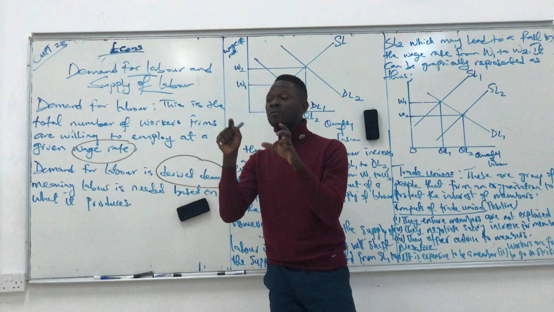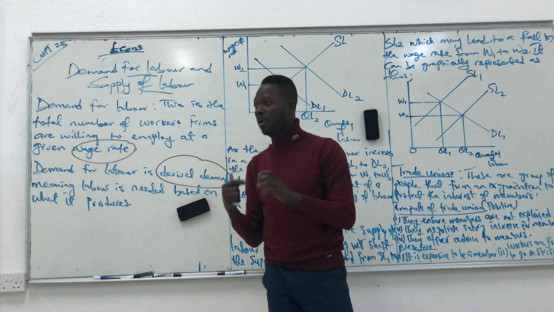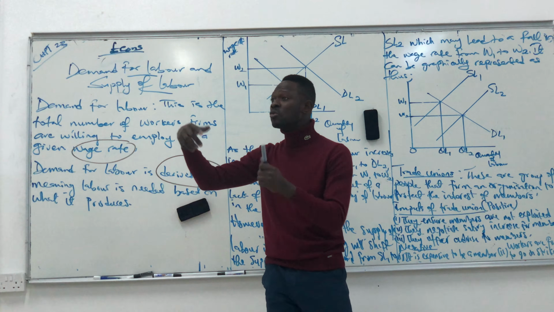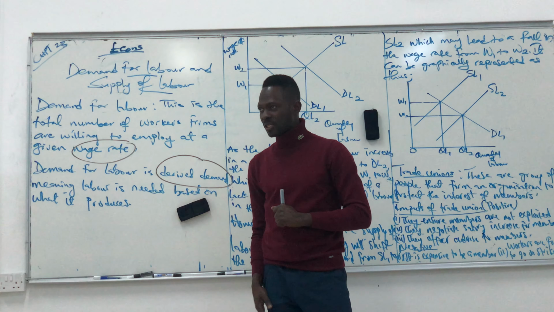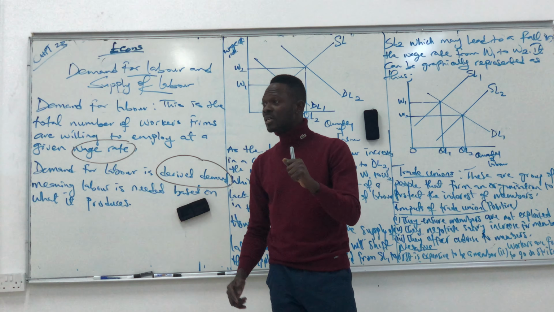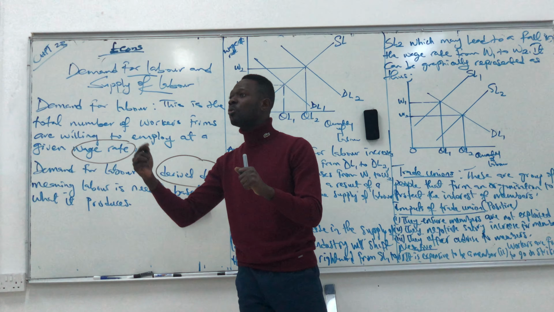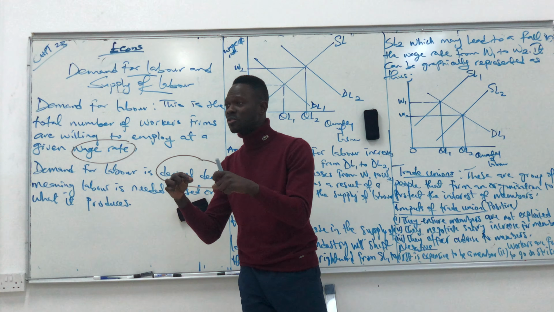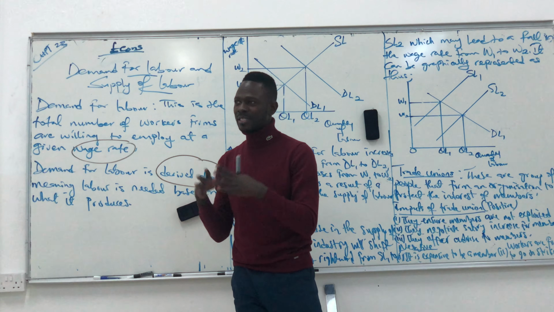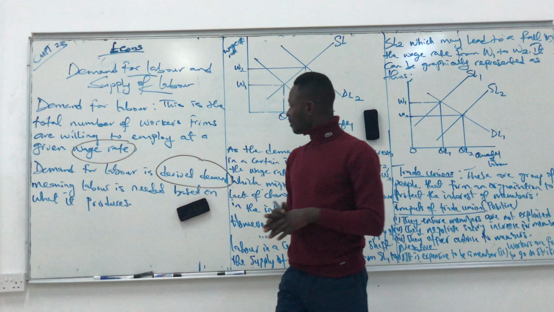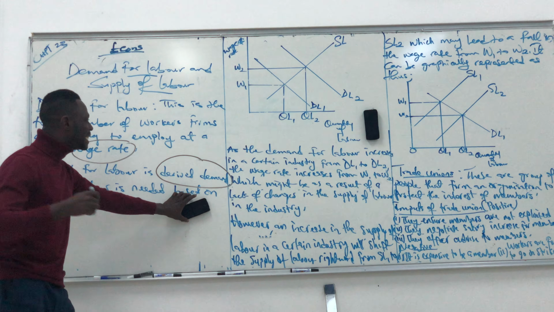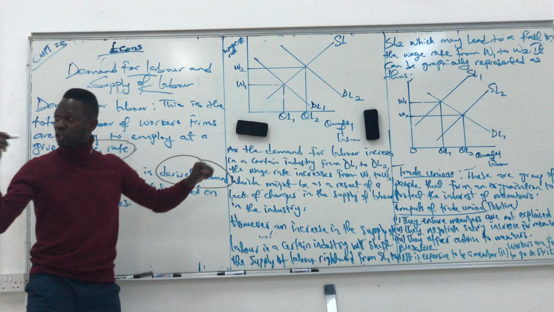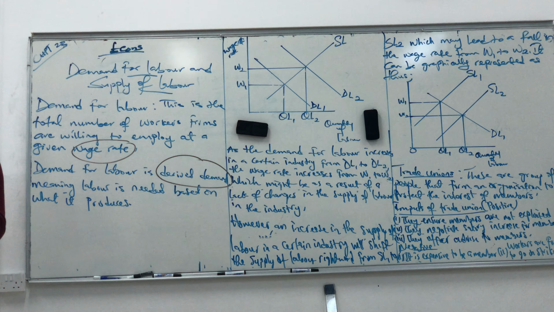If the number of workers making themselves available is not much, it means that industry would need a lot of workers. As a result, the demand for workers will increase, because in that industry there are not enough workers. The number of workers making themselves available for a job is called supply of labor.